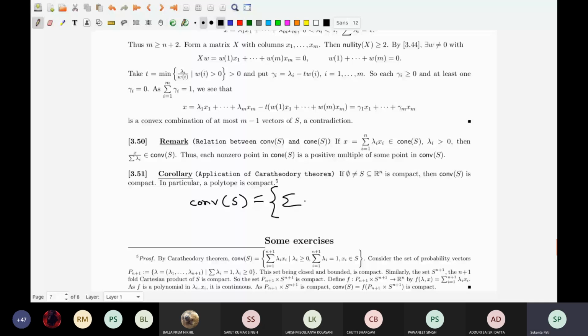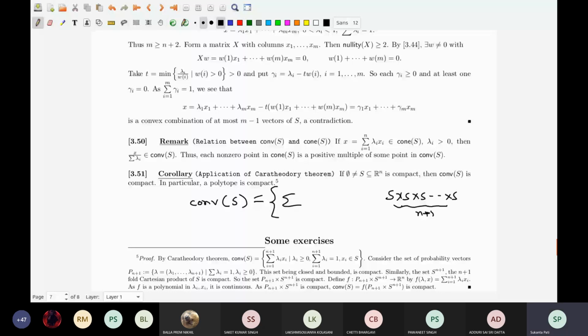So what you do now is see S cross S cross S, n+1 times. Given any n+1 tuple from here, you take some lambda 1 to lambda n+1 and create a convex combination and gather it. So that's what it does.